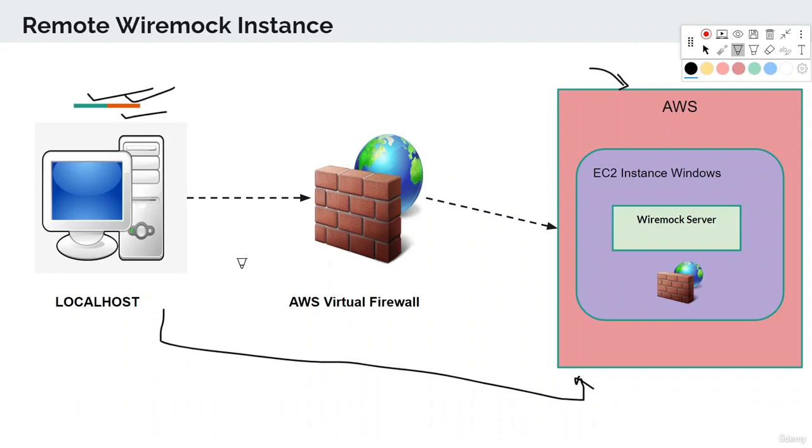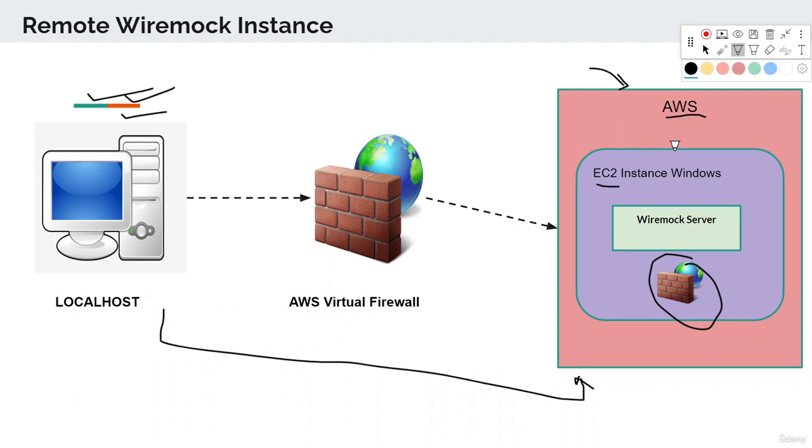As you all know, even in our local Windows system we have a firewall. This is the same firewall. We will be using AWS to create an EC2 instance. EC2 is a different type of cloud solution, cloud instances I would say, that are offered by AWS. It can be Linux, it can be Windows, it can be Mac as well.